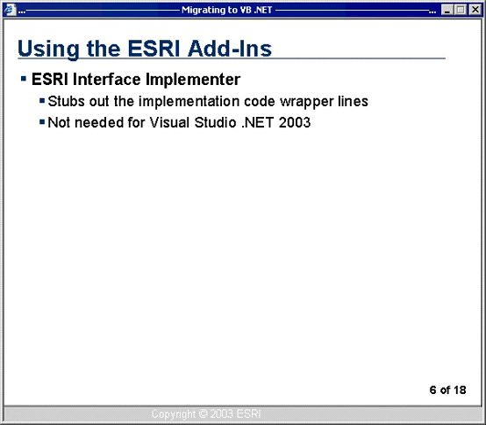It stubs out the wrapper lines for your implementation code. For those of you developing with Visual Studio.NET 2003, you can omit any reference to this particular add-in because the implementation code will automatically be stubbed out when you press Enter on the Implements line.